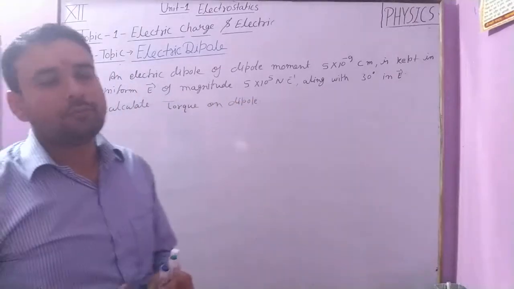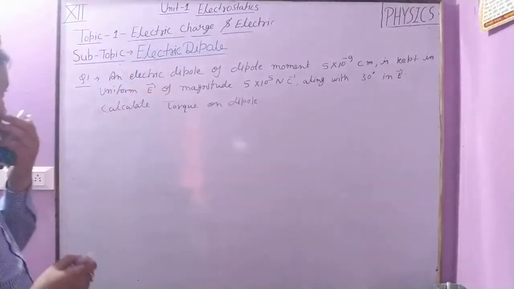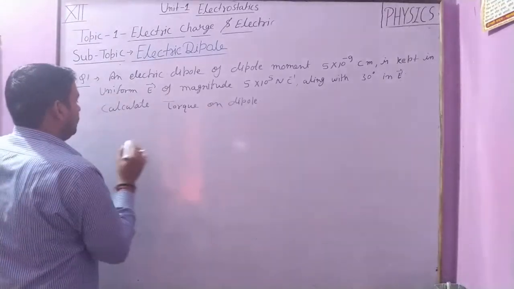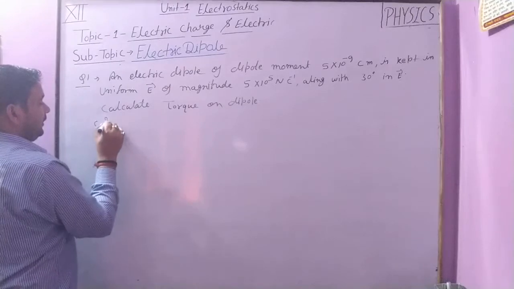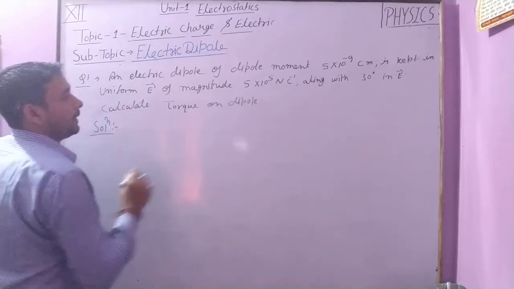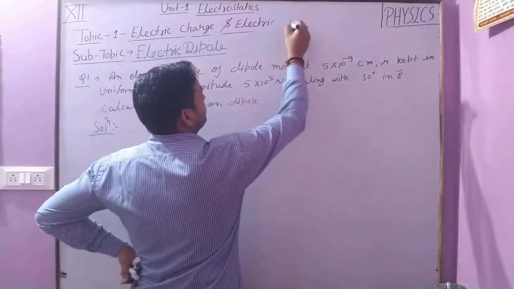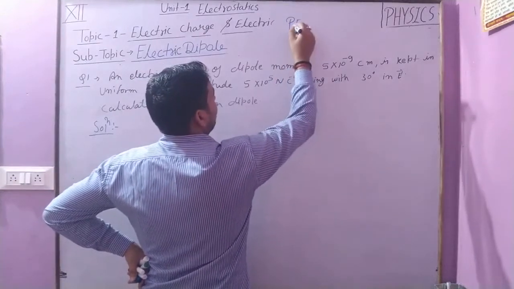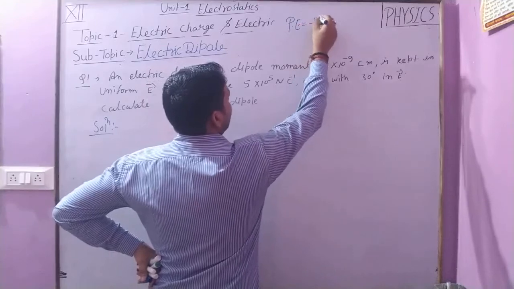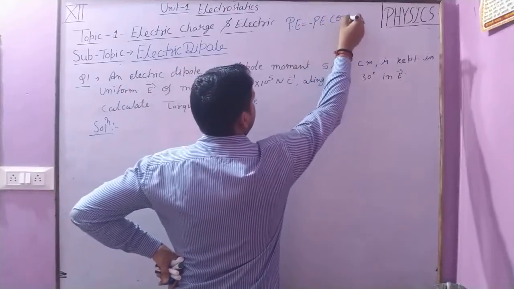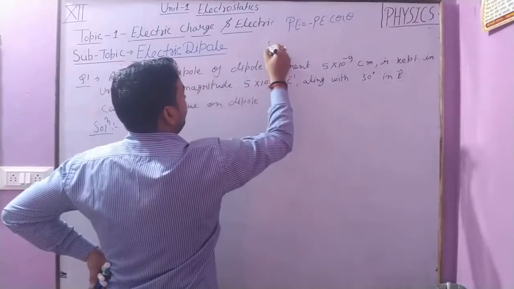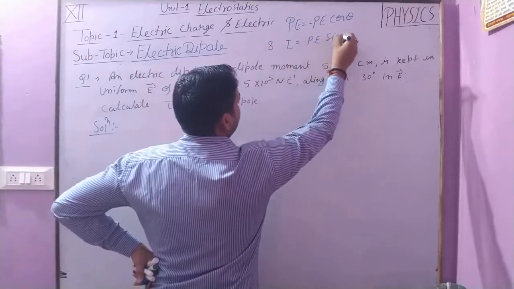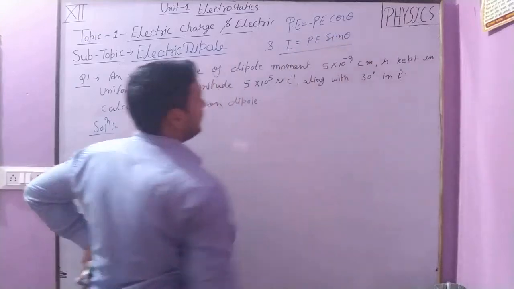These kinds of numericals are in the board exams, so see how we solve these questions. As we have potential energy U is equal to minus PE cos theta, and torque is PE sin theta. Here we need to calculate the torque.